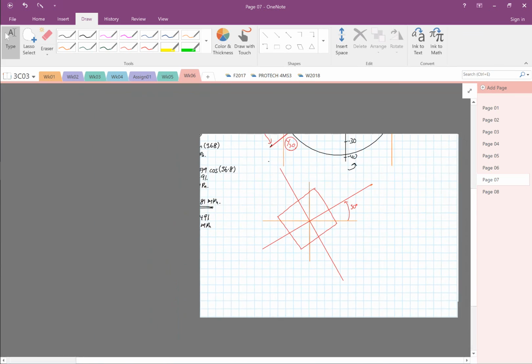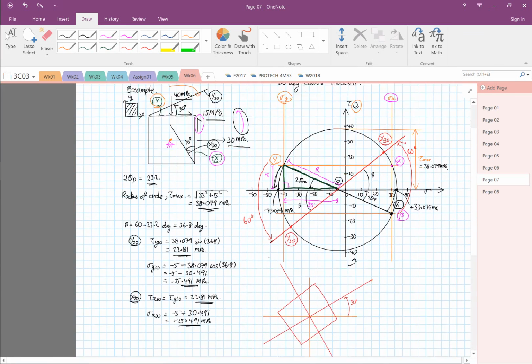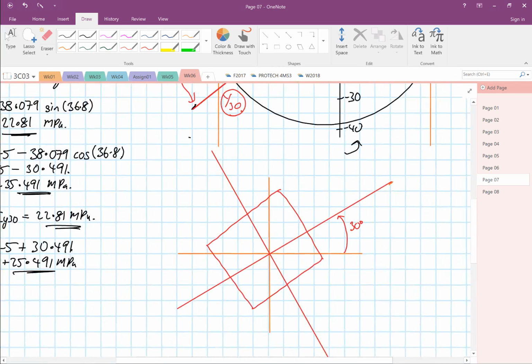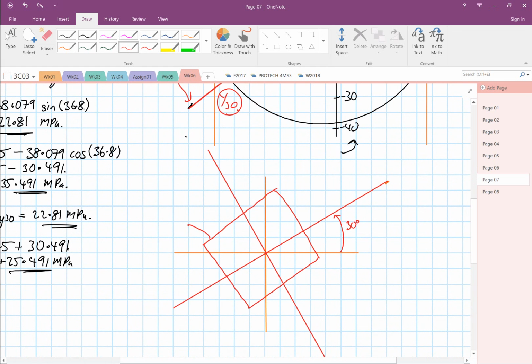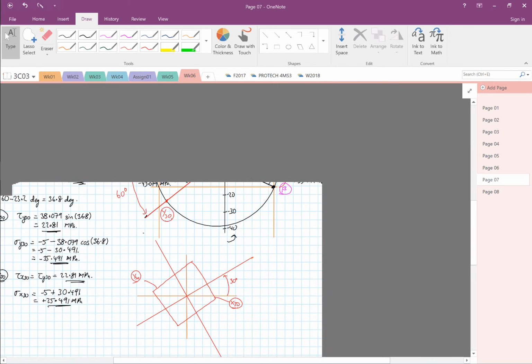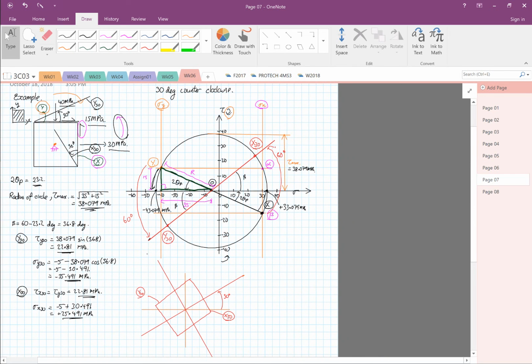And then if we look at our original surface, so this is known as your Y30, and this is your X30. Right, so if I bring it here, your X30 is parallel to this surface over here. This is the same line parallel, and this is your Y30.